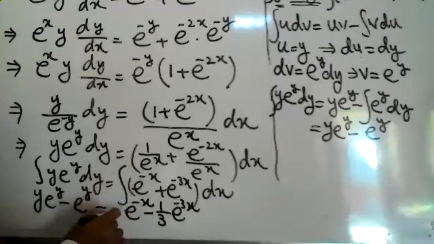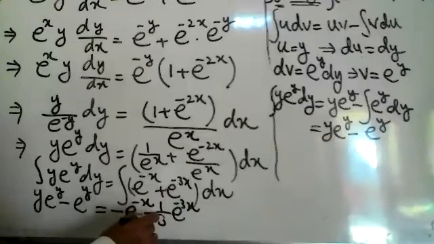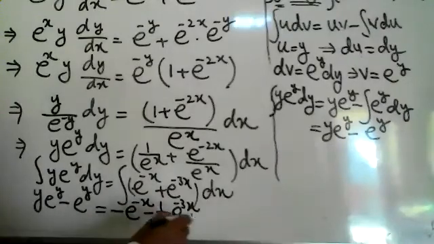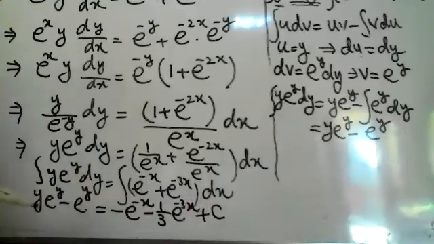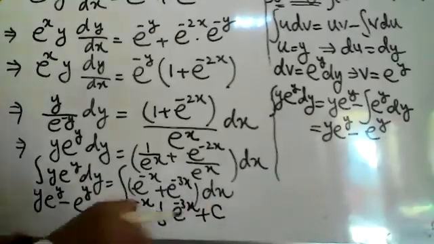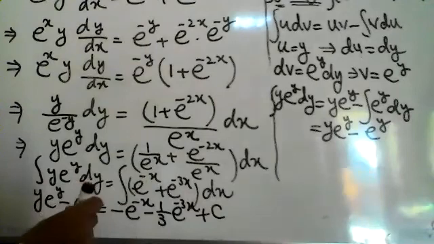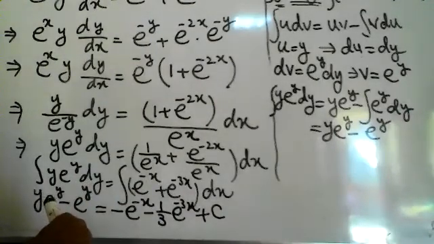The integral of the first is minus e raised to power minus x, the second is minus 1 upon 3 e raised to power minus 3x, and plus some constant. So this is the final answer of question number 2.